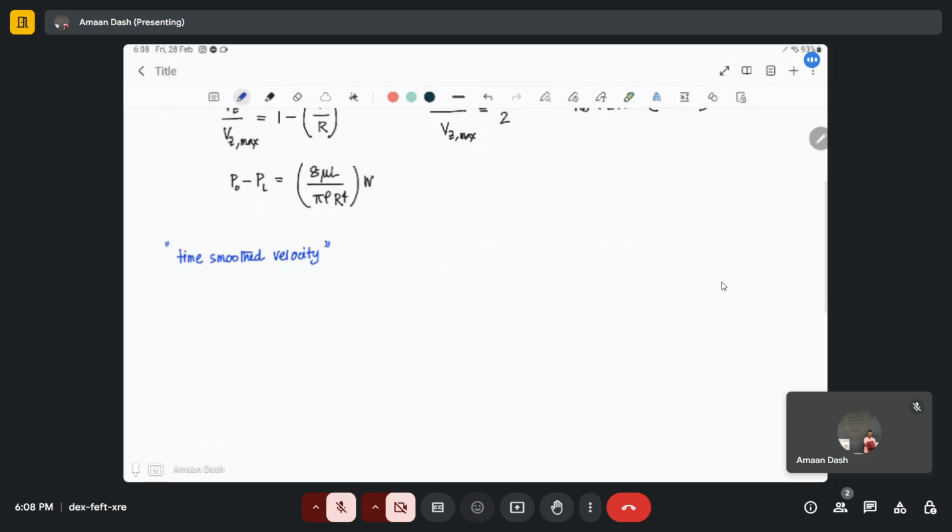That means some average velocity over a period of time, that is, velocity averaged over several seconds.